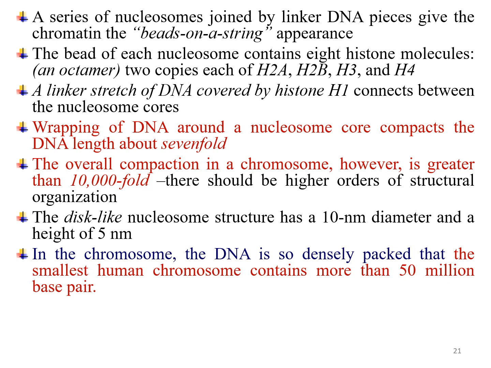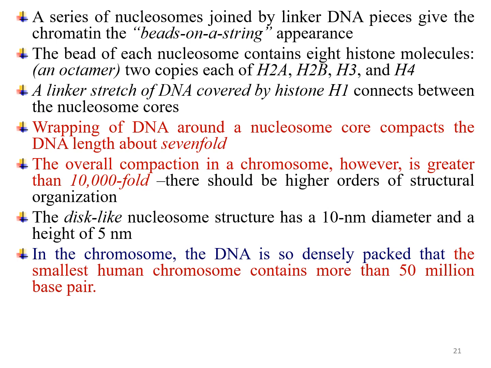The nucleosome cores. So wrapping of DNA around the nucleosome core compacts the DNA about 7-fold, and the overall compaction in the chromosome, however, is greater than 10,000-fold. There should be higher order of structural organization. So the disc-like nucleosome structure has 10 nanometer diameter and almost height of 5 nanometer.